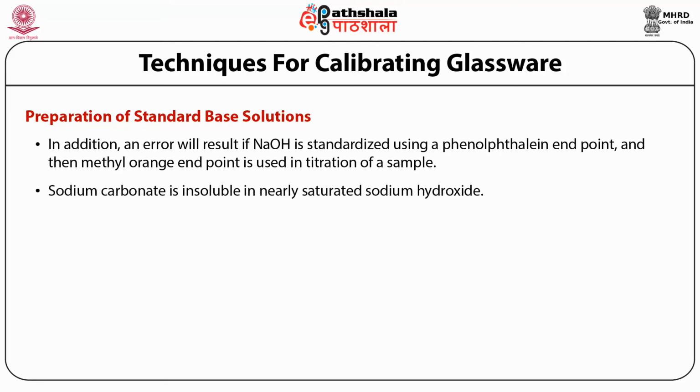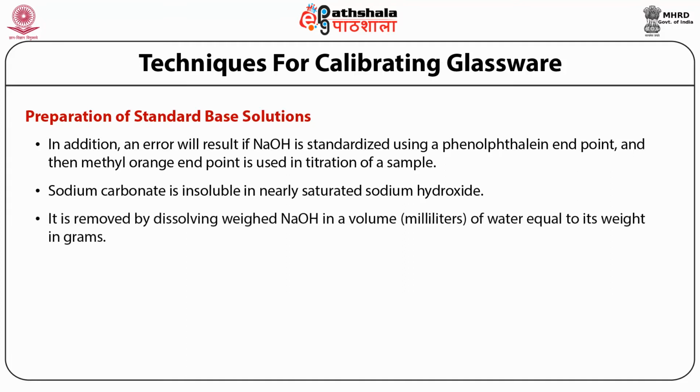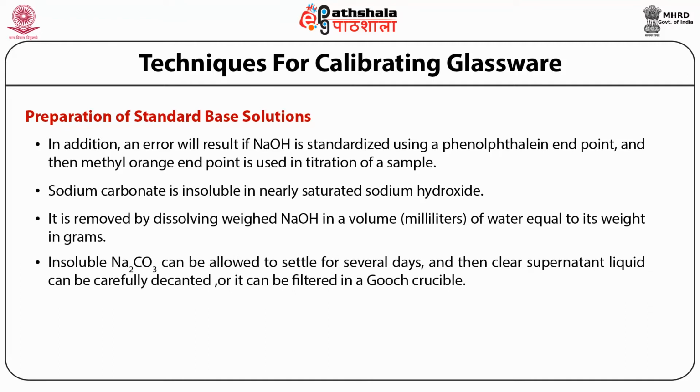Sodium carbonate is insoluble in nearly saturated sodium hydroxide. It is removed by dissolving weighed NaOH in a volume of water equal to its weight in grams. The insoluble sodium carbonate can be allowed to settle for several days, and then the clean supernatant liquid can be carefully decanted, or it can be filtered in a Gooch crucible with an asbestos mat.